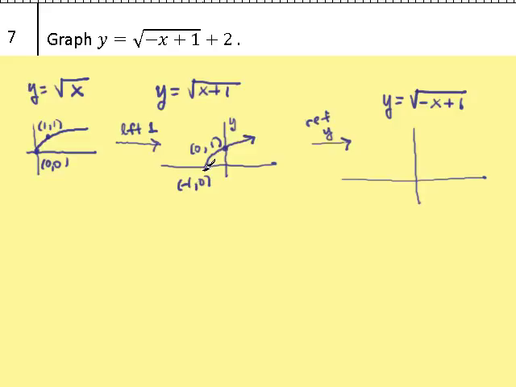Let's imagine this piece first. If we're reflecting through y, this x gets replaced with minus x. So this point here is going to go to 1, 0. Here x is 0, so that's going to stay where it is. So this piece is going to go, I'll just draw it lightly here, and this piece out this way when we reflect. So we end up with something like this.